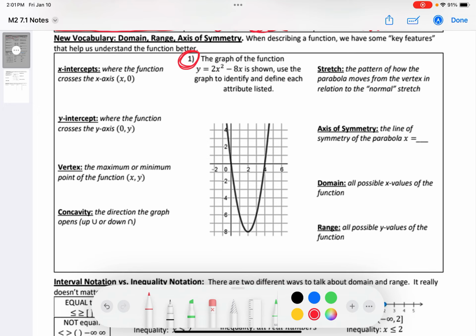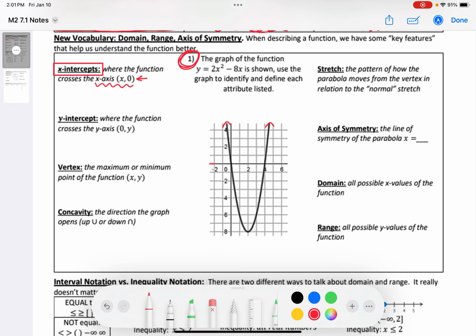All right, so let's start to the left over here. X-intercepts, which you guys are familiar with. X-intercepts are where the function crosses the x-axis, and we represent it as a point, x comma 0. Looking at this graph, my x-intercepts are points where the function crosses the x-axis.